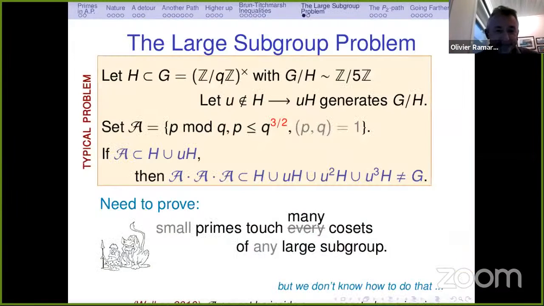It's still beautiful. Okay. So the large subgroup problem. Typically, we assume that A is the set of classes reached by the primes, say less than q to the 3 halves.